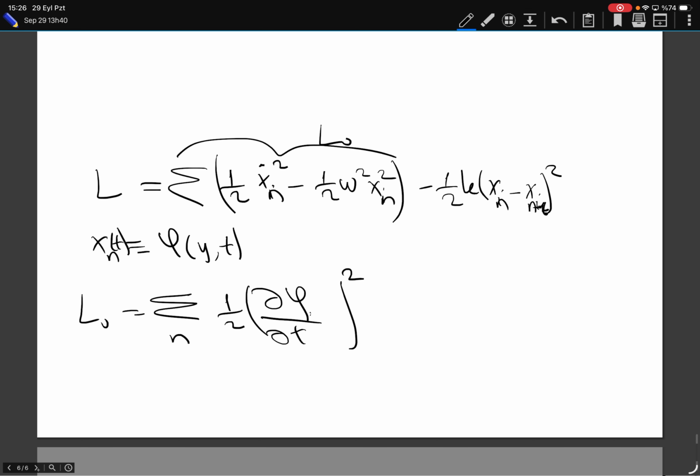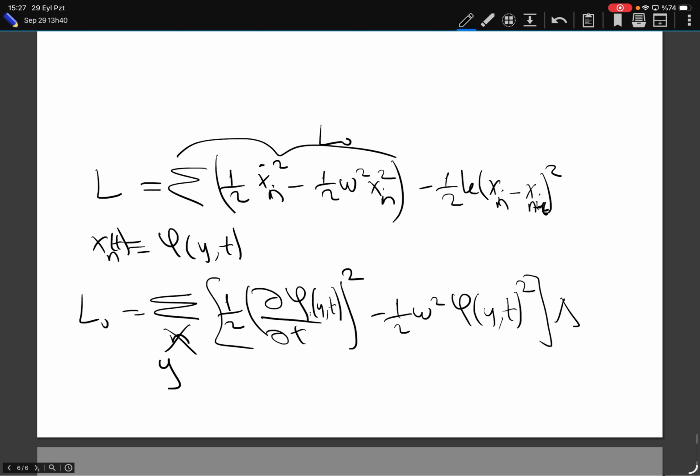Minus 1 over 2 omega squared phi of y of t squared. Remember, n is y. Let me also make it explicit. Rather than summing over n, I'm summing over y. Let me introduce the delta n, which will be delta y over a.